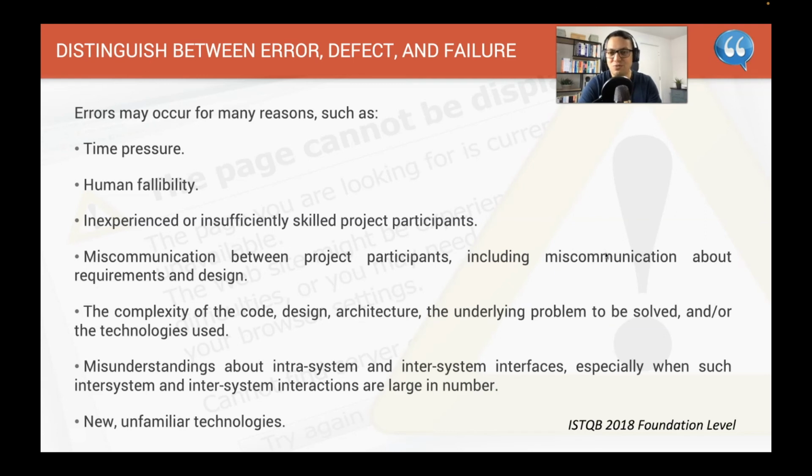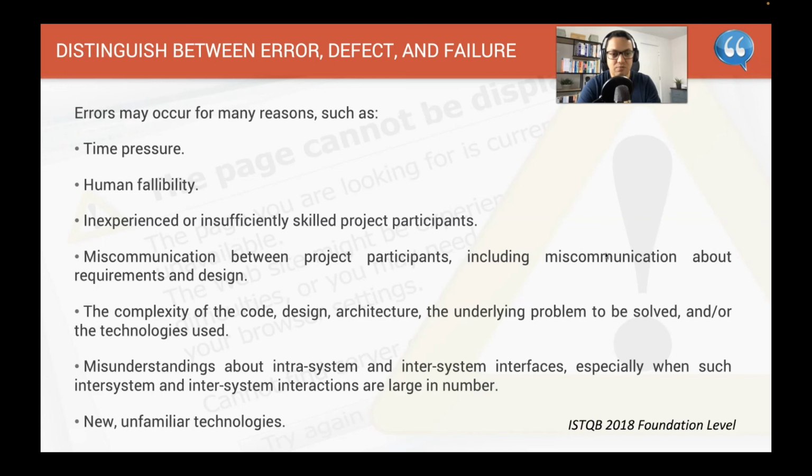So errors may occur for many reasons, such as time pressure, human fallibility, inexperienced or insufficiently skilled project participants, miscommunication between project participants, including miscommunication about requirements and design, the complexity of the code, design, architecture, the underlying problem to be solved, and the technologies used, misunderstanding about intra-system and inter-system interfaces, especially when such interactions are large in number, and new unfamiliar technologies.